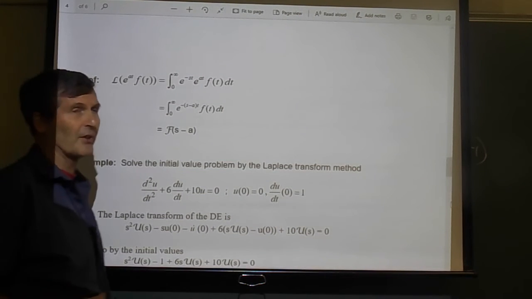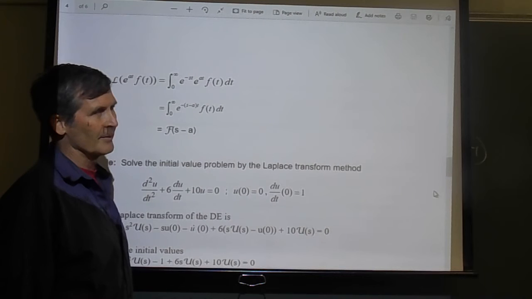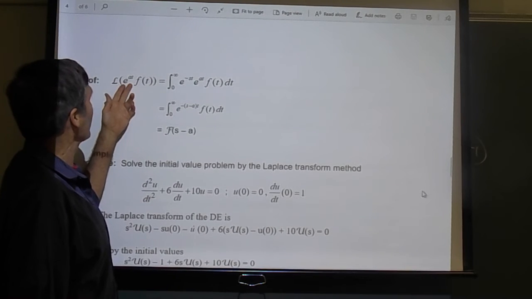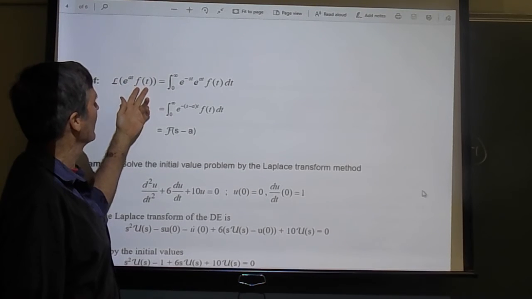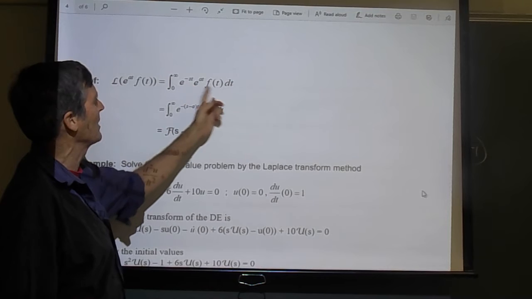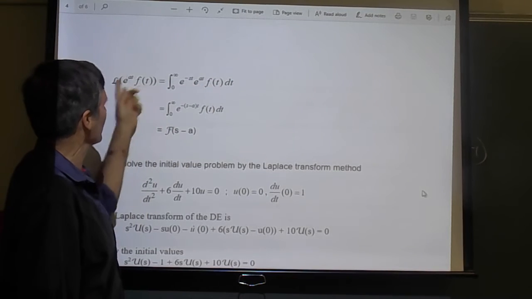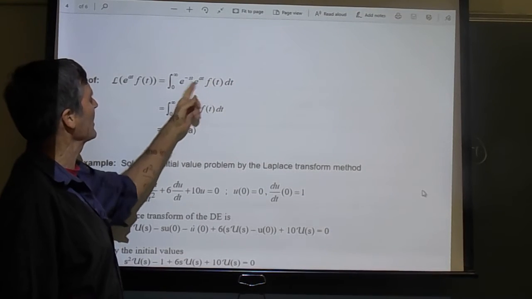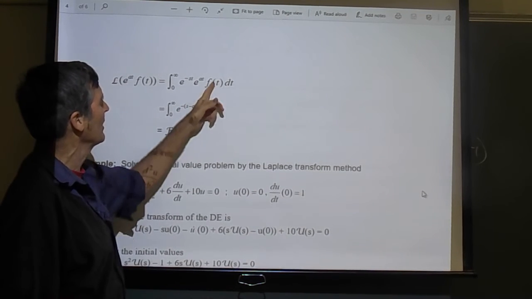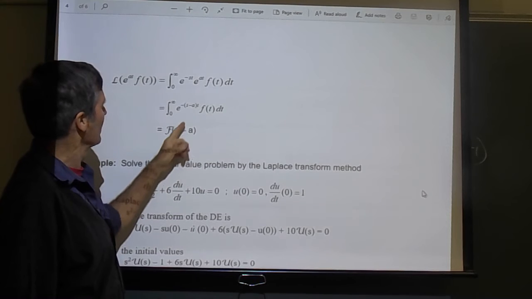This isn't bad either. I think it's worth seeing when they're simple and illustrative like this. The Laplace transform of e to the at times a function. It's like this, right? The Laplace transform of anything is e to the minus st times whatever you're taking the Laplace transform of. Now you can combine these two exponentials by algebra as e to the minus (s minus a)t, all times f of t. But what is this?